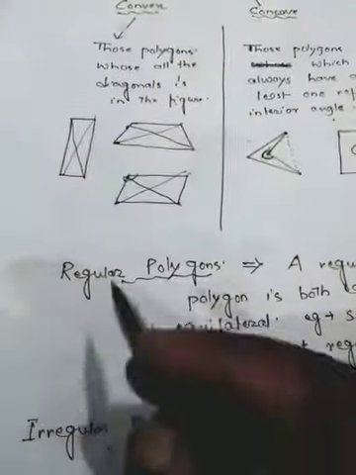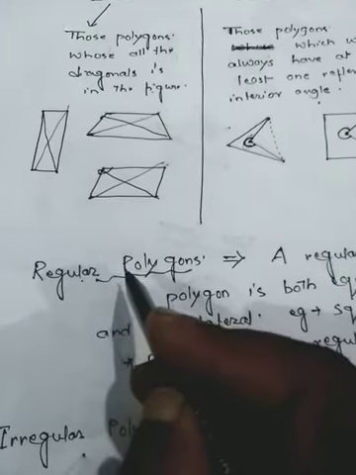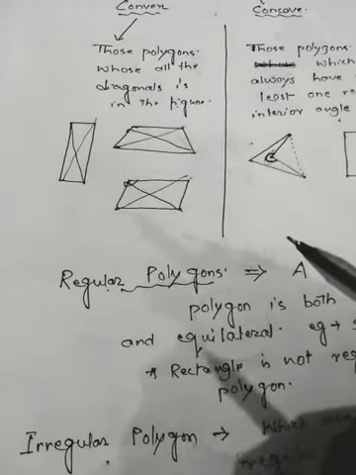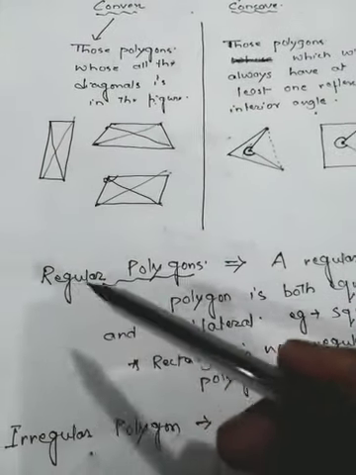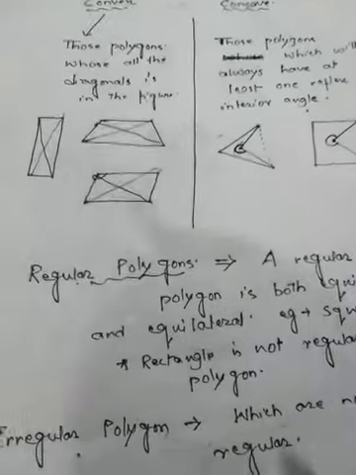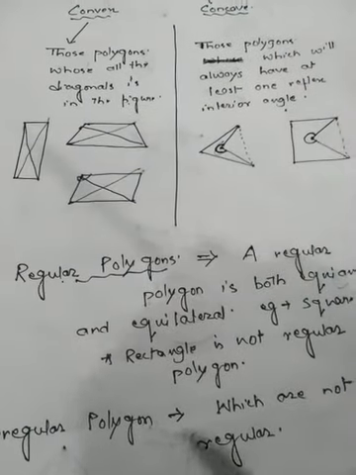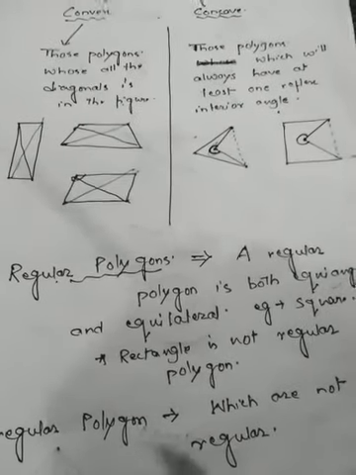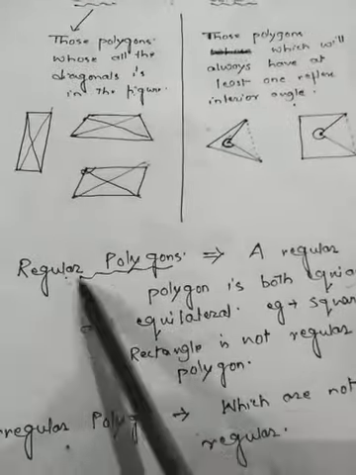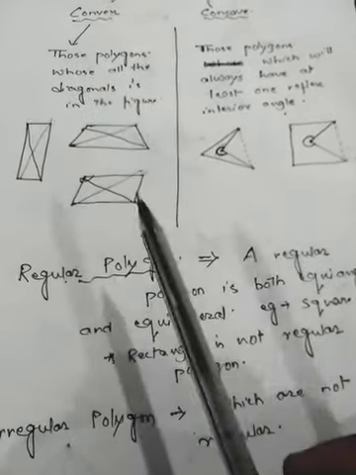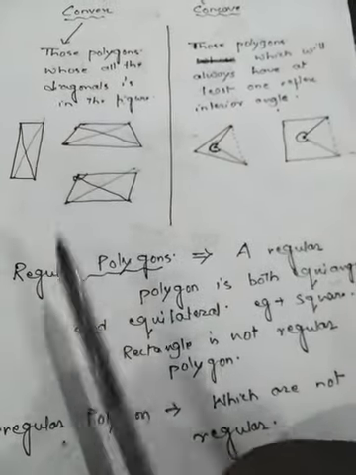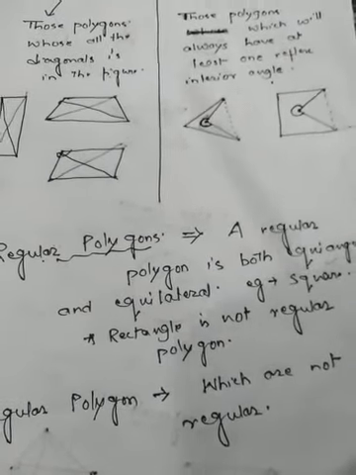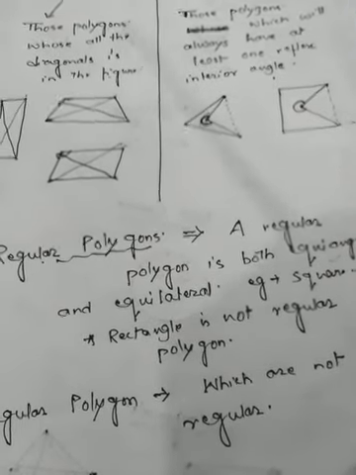If I say a regular hexagon, hexagon means a 6-sided figure, then using the word regular in front of a hexagon means that all the sides of the hexagon would be equal, and all the interior angles of that hexagon will also be equal. So if you write regular in front of any polygon, that polygon will have all sides equal and all angles equal.